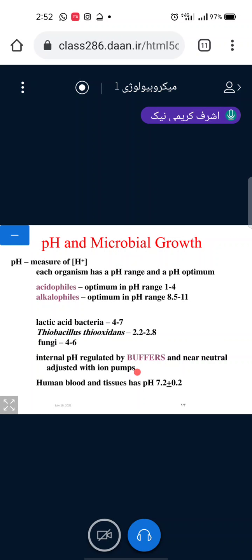In the cell, the pH is adjusted near neutral, near 7. Human blood and tissues have pH 7. It's neutral, not acidic, not alkaline.